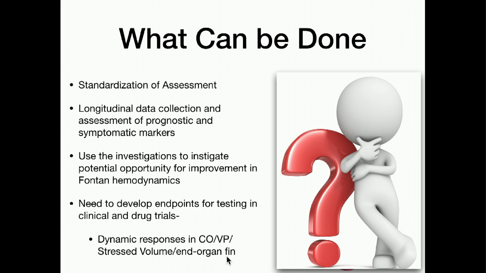We need longitudinal data collection to help us prognosticate, and also, importantly, not just prognostication, but to see which markers are going to tell us about symptoms in our patients. And then also, I believe strongly that these investigations should help us to readdress problems in the Fontan circulation, dealing with the LPA stenosis, dealing with increased pulmonary vascular resistance, and so on.